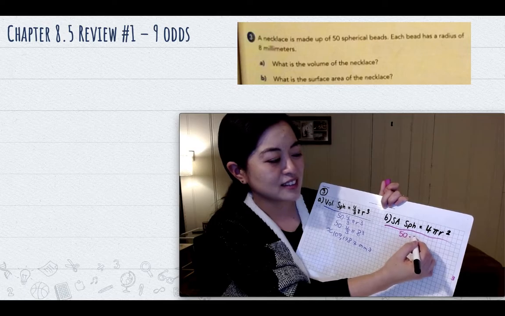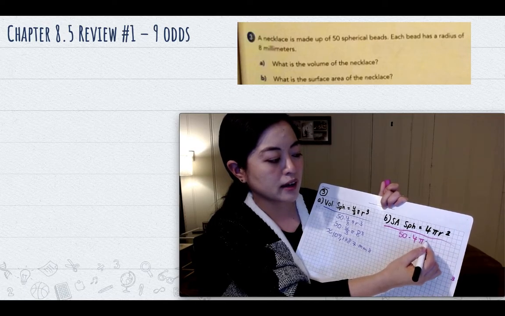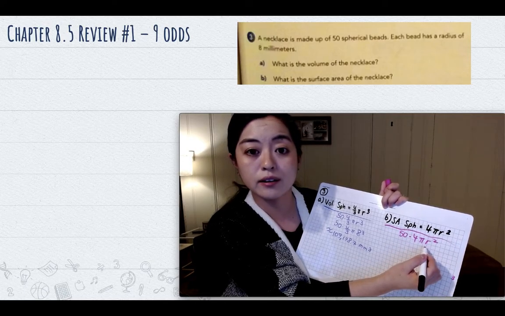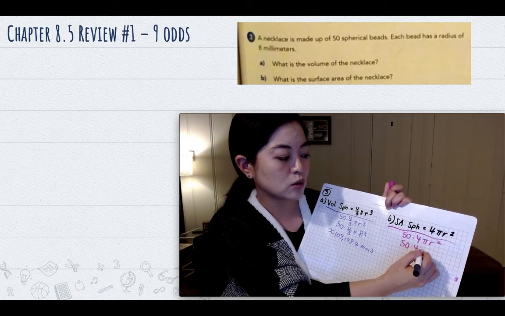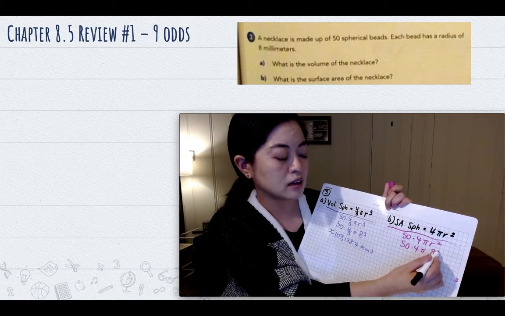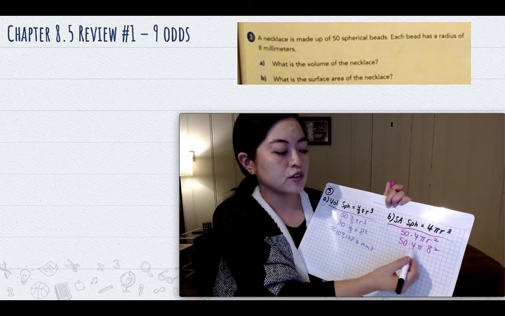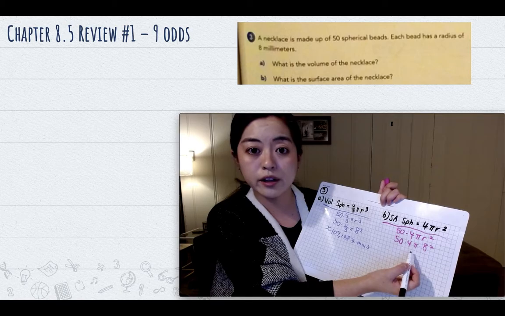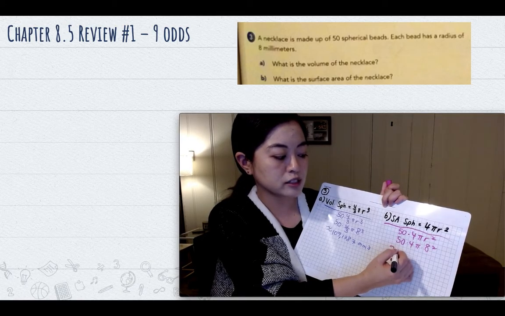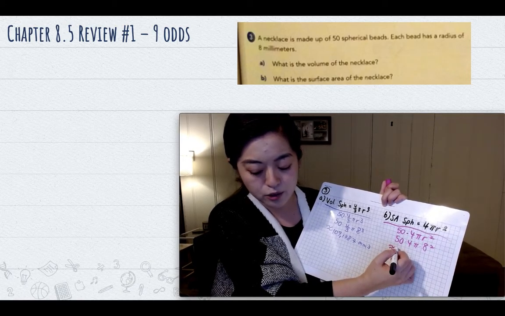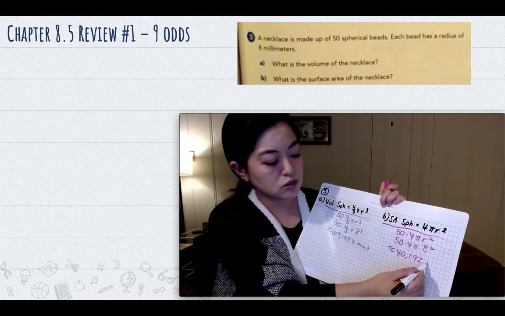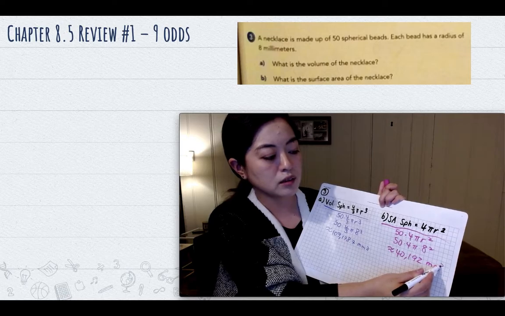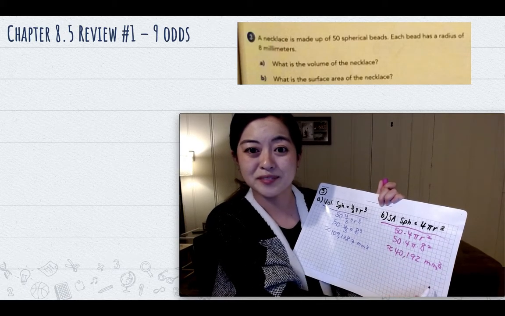So 50 times 4 pi r squared, and again r is 8 millimeters. Okay, 50 times 4 pi times 8 squared. And if you input everything in your calculator with 3.14 as an approximation for pi, you should get 40,192 cubic millimeters. Is that what you got?